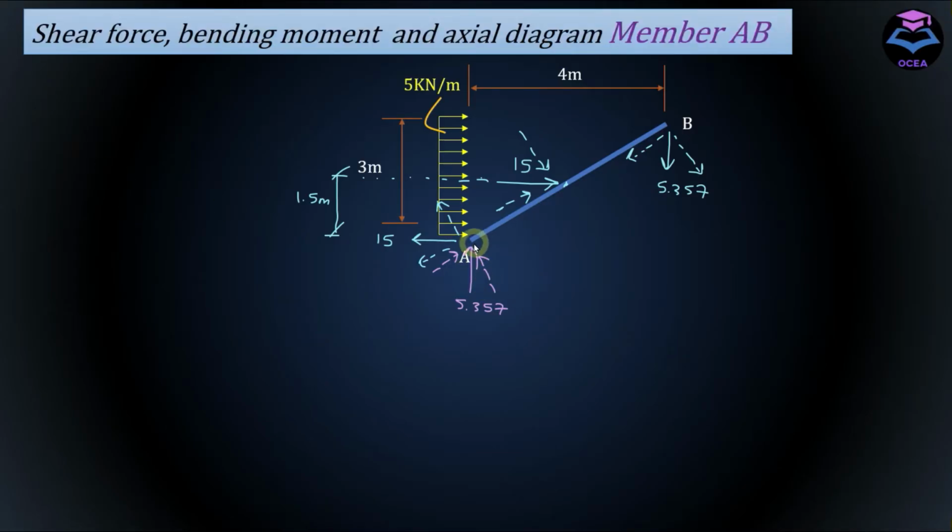And we will need this angle here, theta, in our calculation. So let's calculate it. Tan theta is equal to perpendicular upon base. Perpendicular is 3 meter and base is 4 meter. And if you calculate theta from here, it's equal to 36.87.